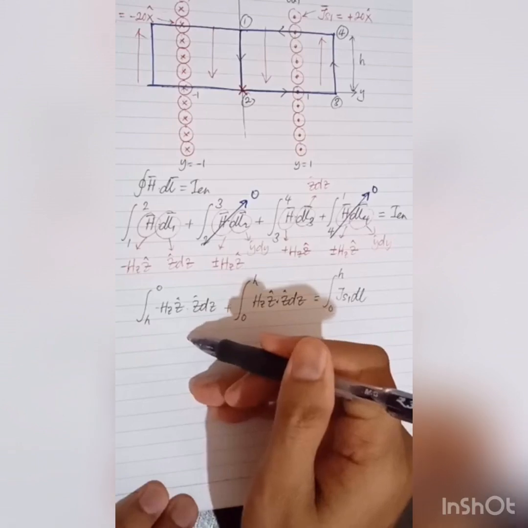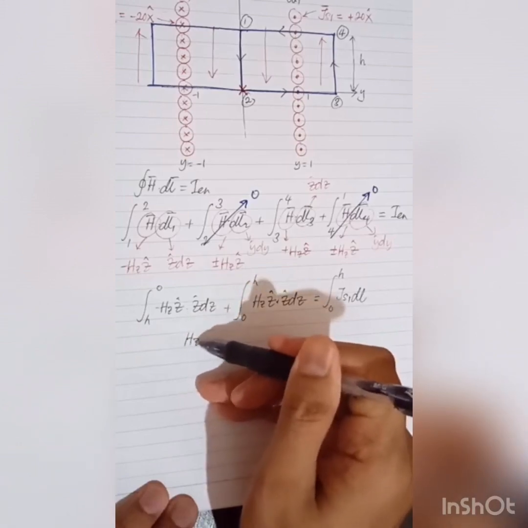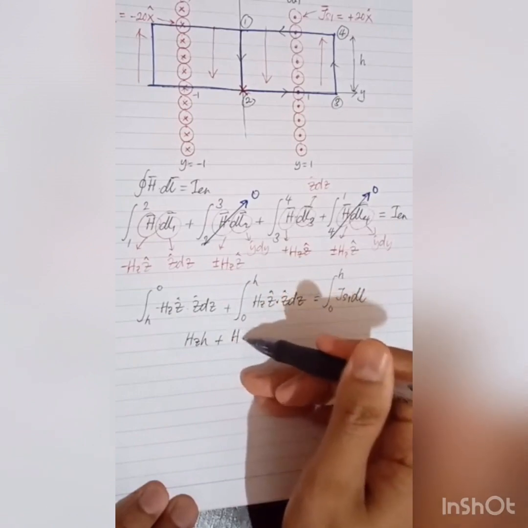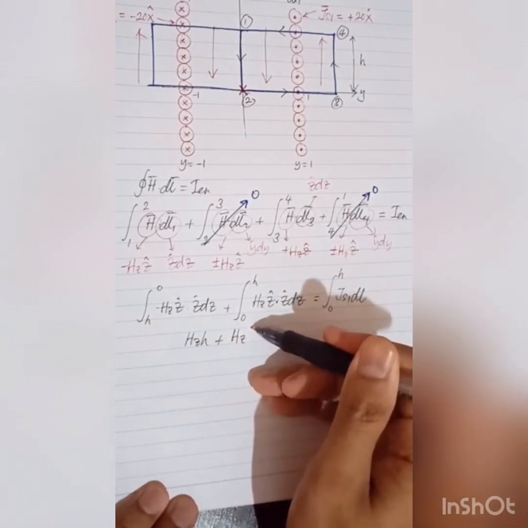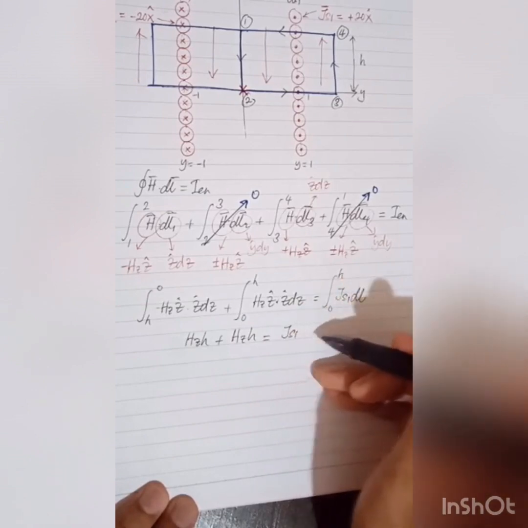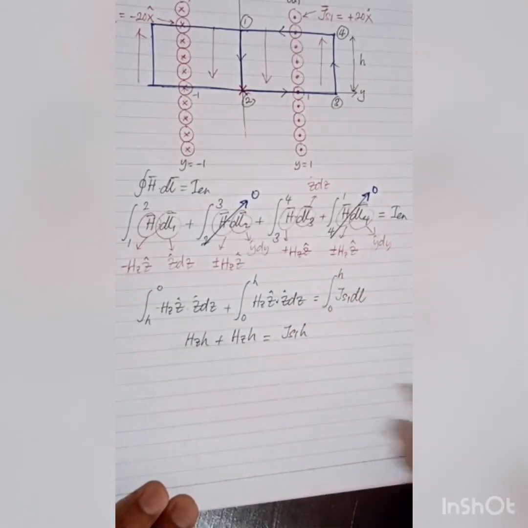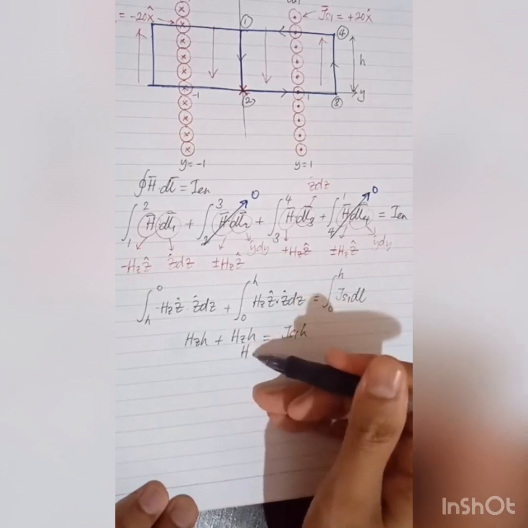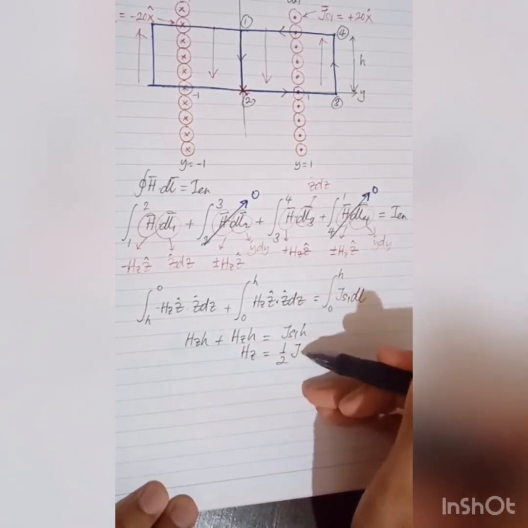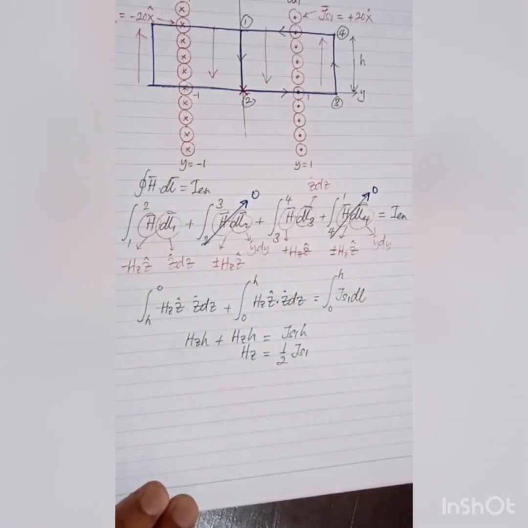Alright, so if you proceed, we can have this final answer. We have Hz h plus Hz h is equal to Js1 h. So finally we're going to have this H in z component become half Js1.